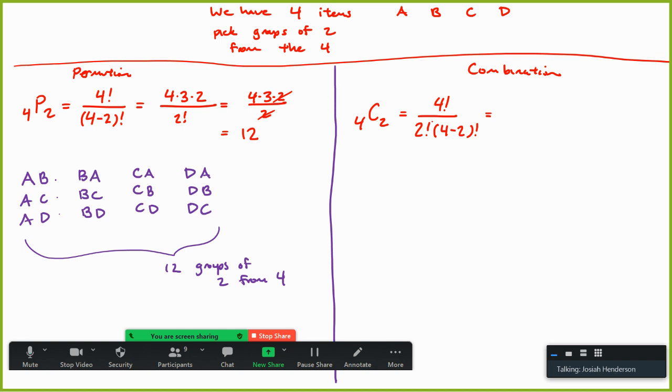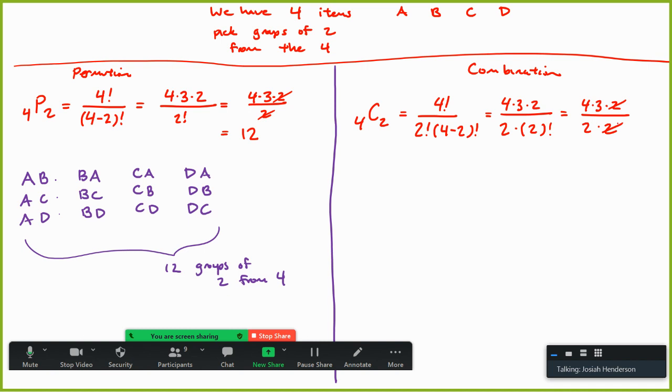All right, always begin by expanding the factorial. 4 times 3 times 2. On the bottom, we've got 2 times 1 for that 2 factorial. So I'm just going to say 2 times the parentheses. 4 minus 2 is 2. And now we'll expand that part. So 4, 3, 2 over 2 times 2.